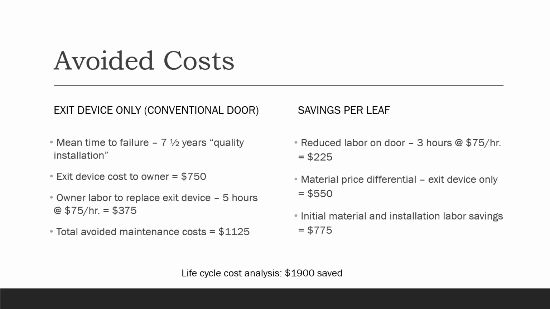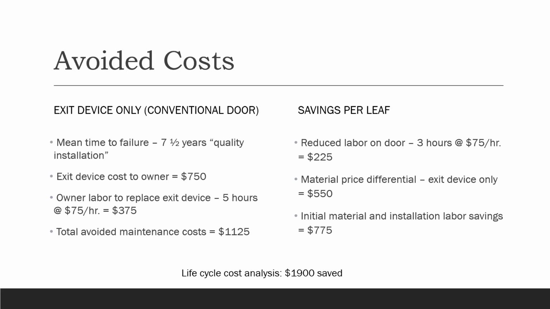We found that the mean time to failure for an exit device is about 7.5 years. If you look at the new cost of that device, it'd be about $750 plus labor, $375, for a total of $1,125. So you're looking at an almost guaranteed extra $1,000-plus spent on a door in a few years that really could have been avoided with an integrated door system.